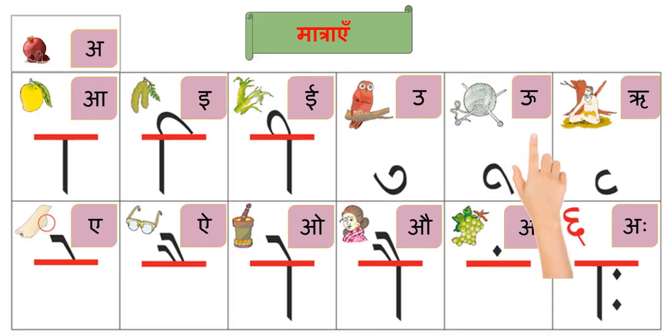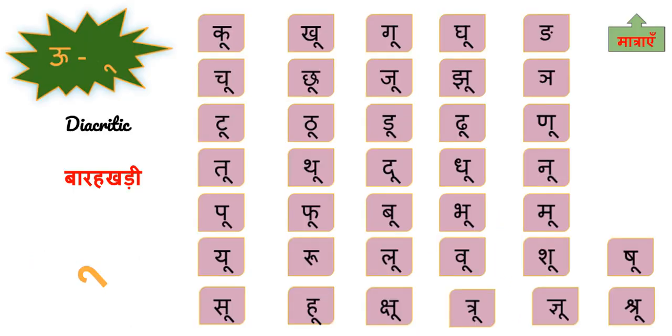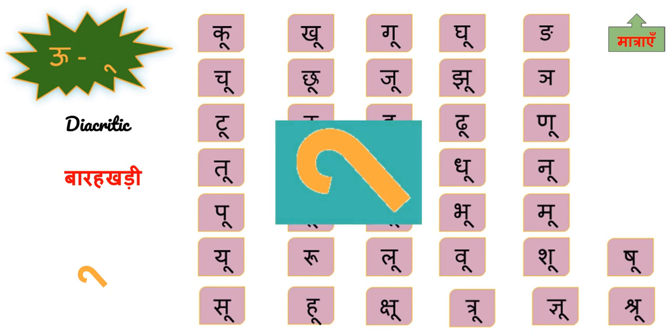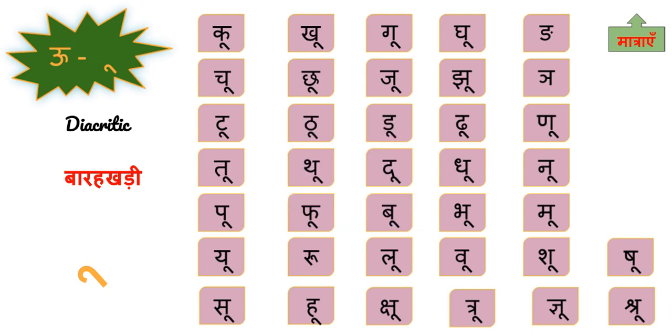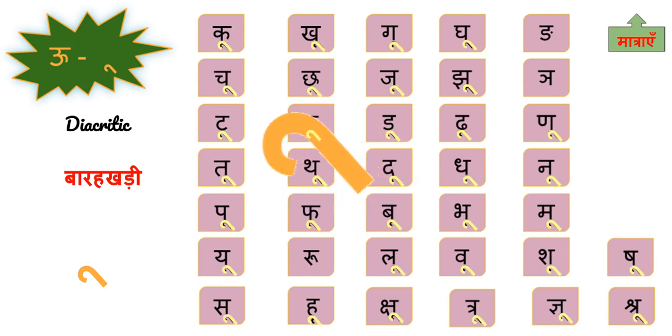बड़ी ऊ की मात्रा, ऊन वाला ऊ की मात्रा. बड़ी ऊ की matra looks like this. It's a kind of hand stick which is a bit diagonal. And when this matra is added to all the consonants, they look like this.